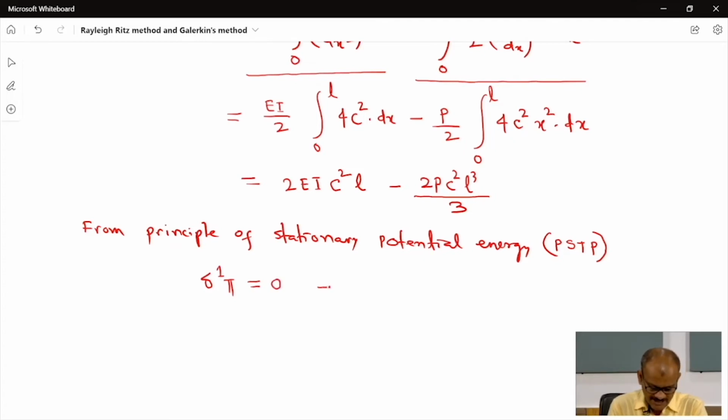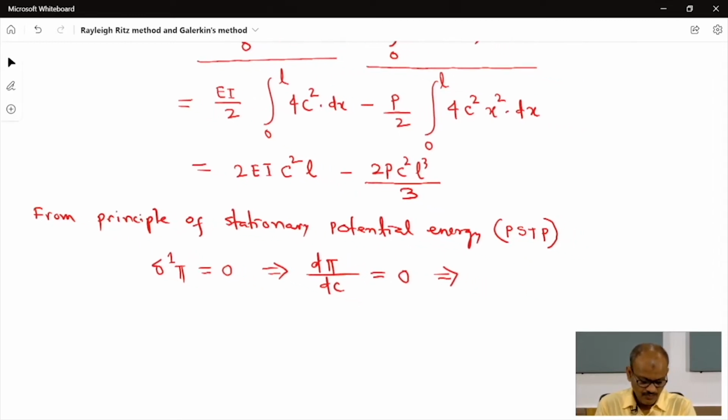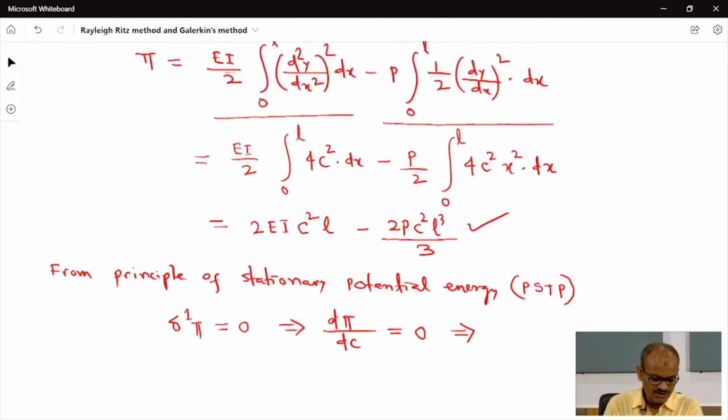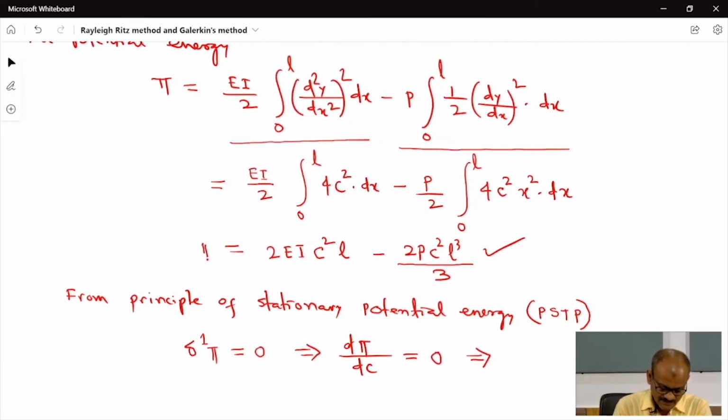This implies d pi by dc is equal to 0, which implies we differentiate this expression, this is pi, with respect to c.